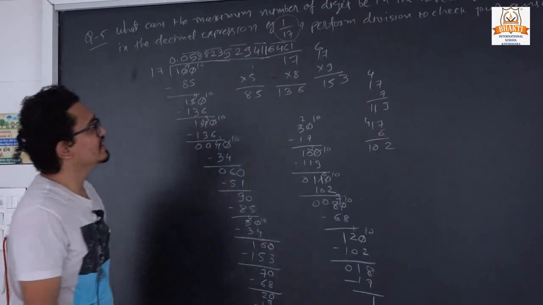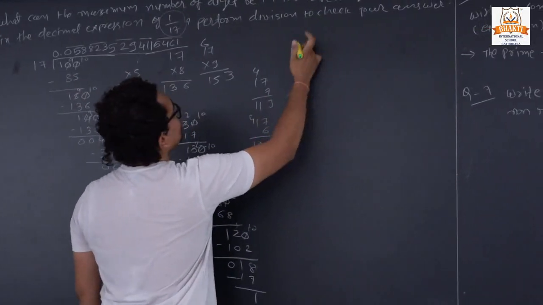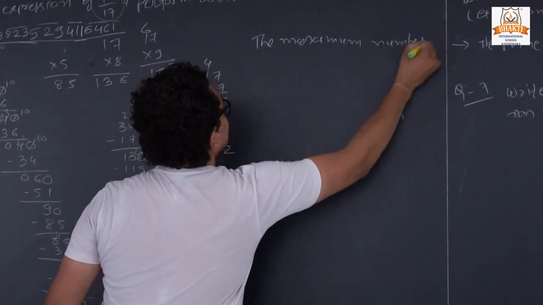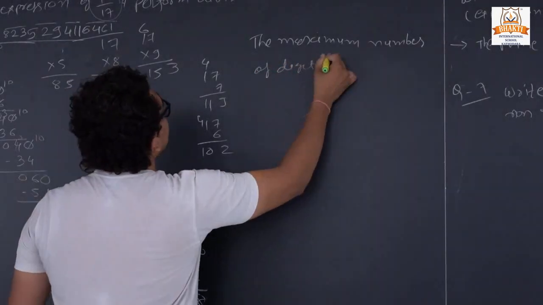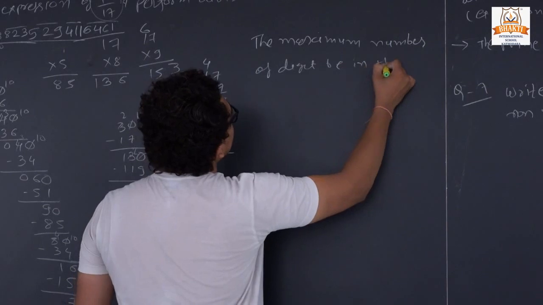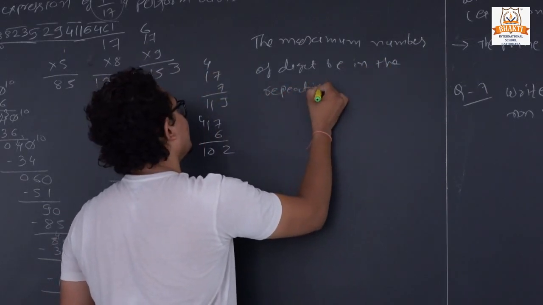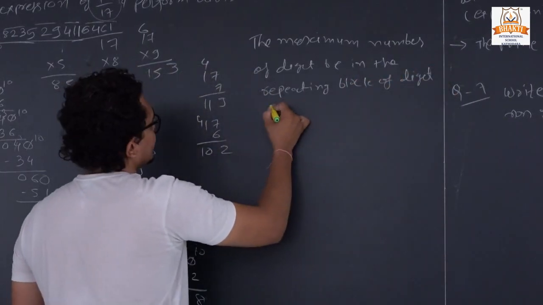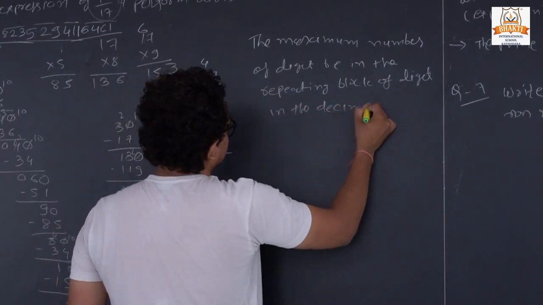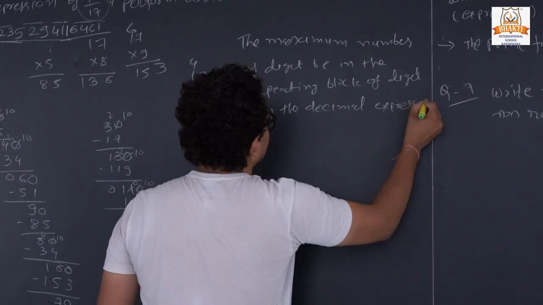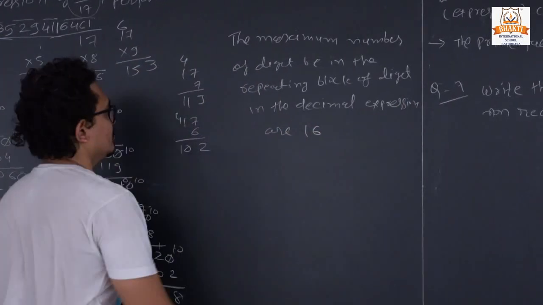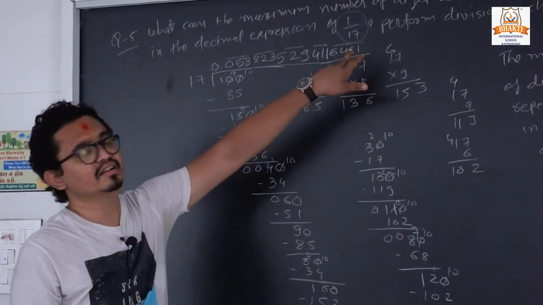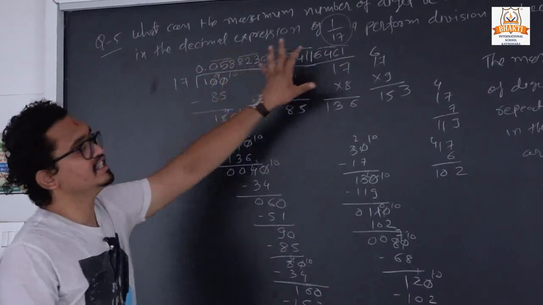So here we can write that the maximum number of digits in the repeating block are 16, because if here we have 1 upon 16, it means 16 digits are repeated, and if here we have 1 upon 15, it means 40 digits are repeated.